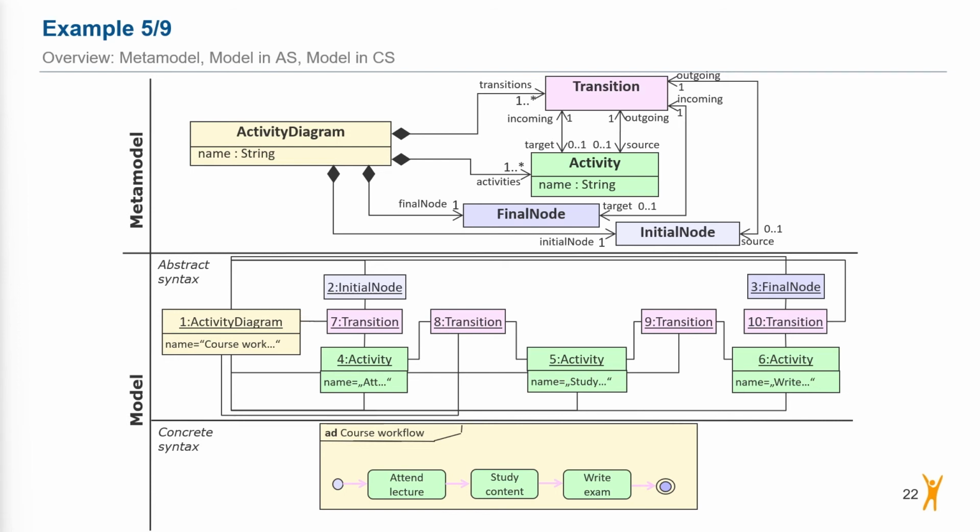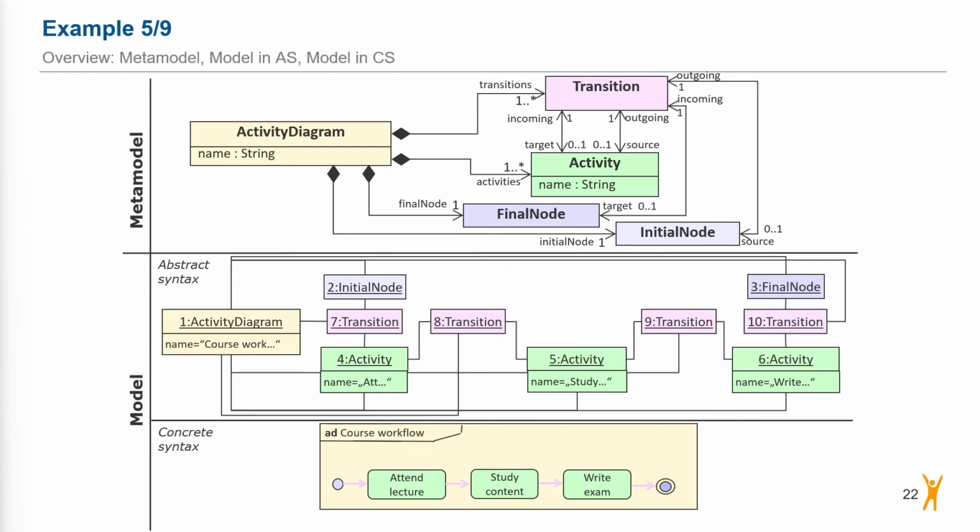So we have an activity diagram with the name coursework that has a transition to an initial node, which has a transition to an activity, called attend lecture, which has a transition to study content, which has a transition to write exam, which has a transition to the final node, which then composes our activity diagram.